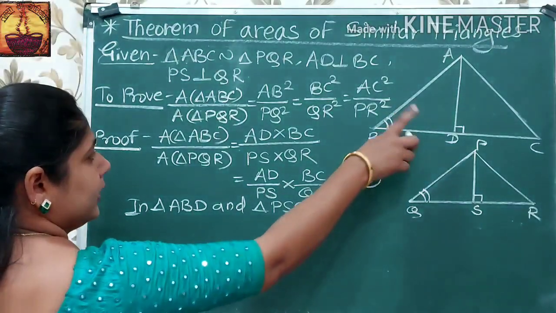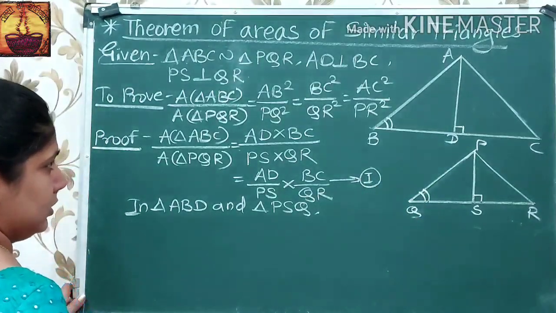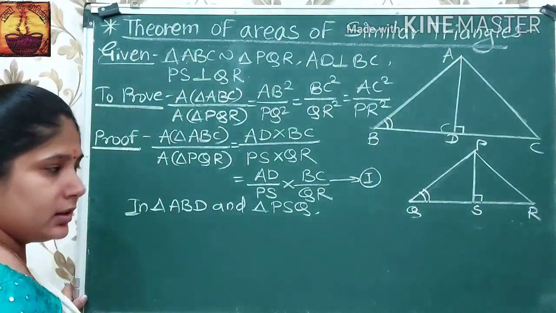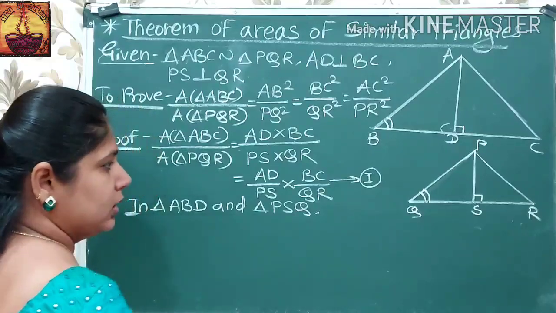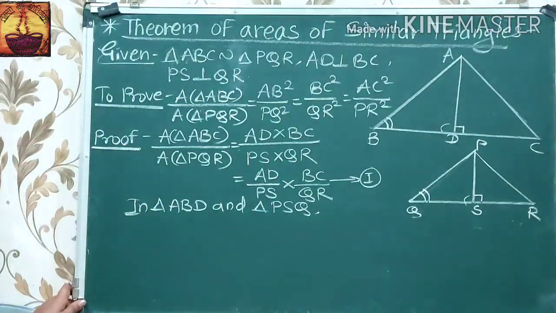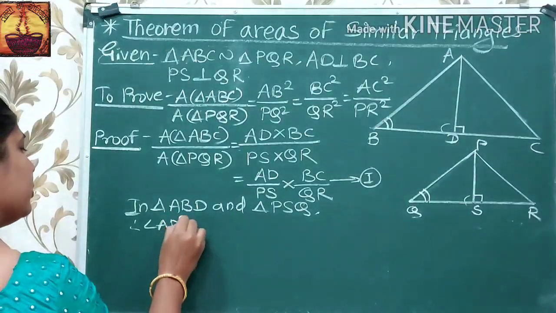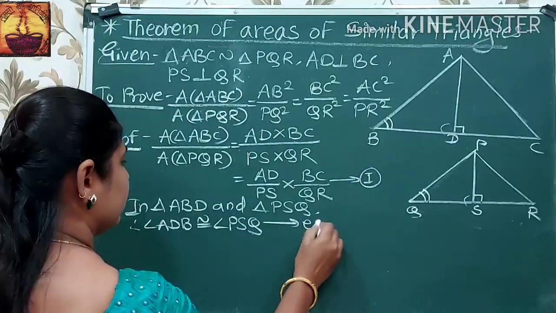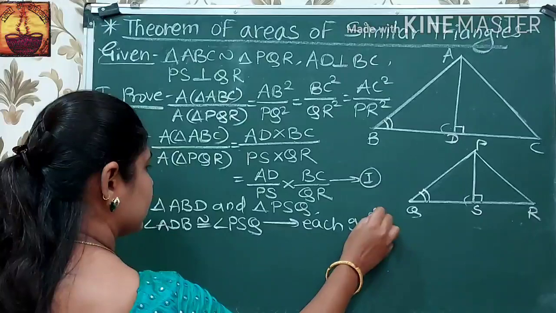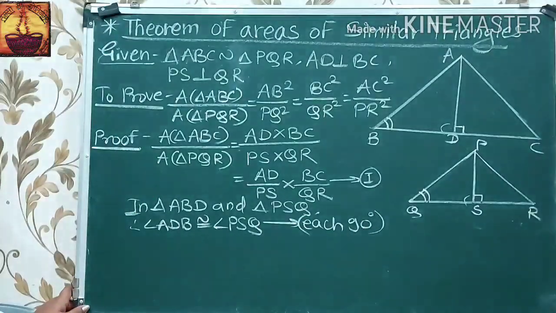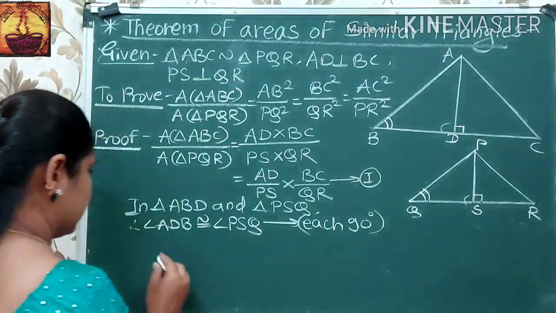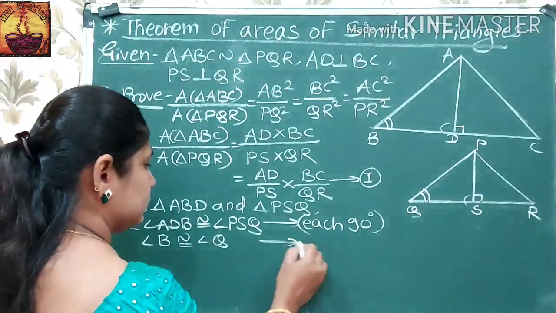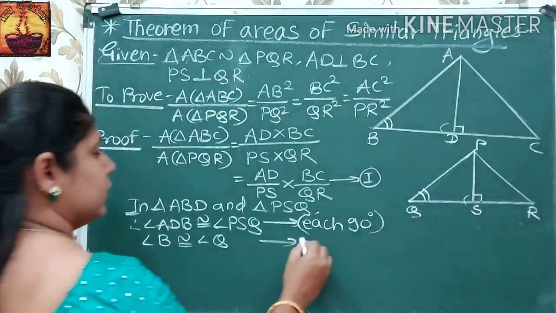In triangle ABD and triangle PQS, AD is perpendicular to BC, therefore this angle is 90 degrees, and PS is perpendicular to QR, therefore this angle is also 90 degrees. Therefore, angle ADB is congruent to angle PSQ, each of 90 degrees. And since the triangles ABC and PQR are similar, angle B is congruent to angle Q. It is given.